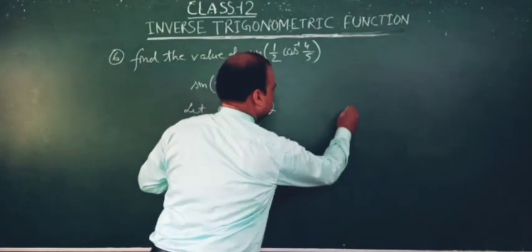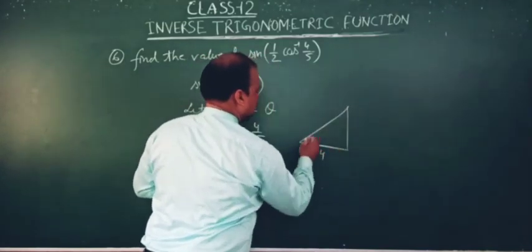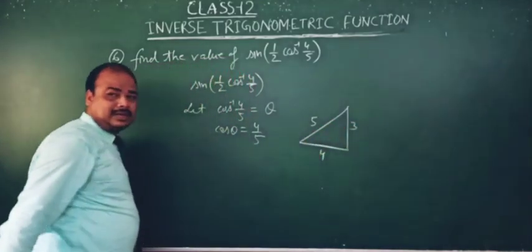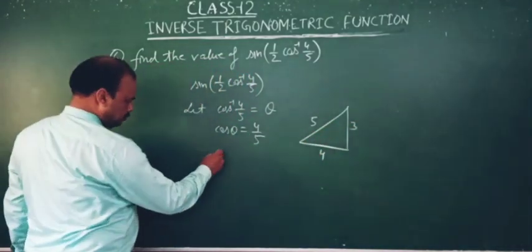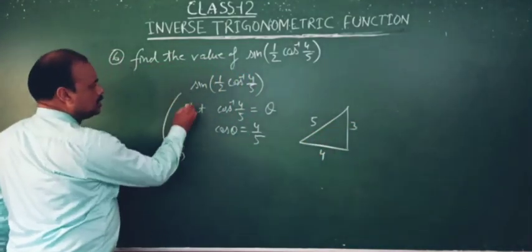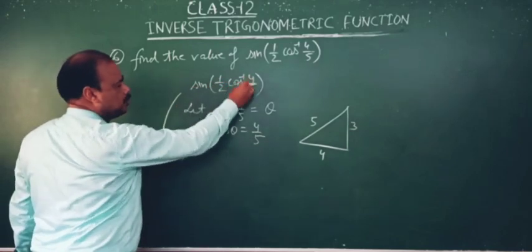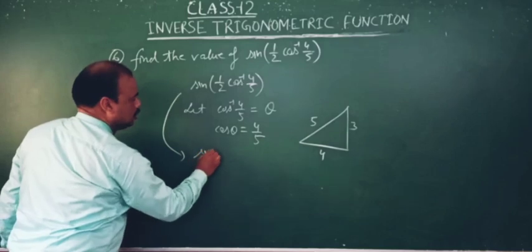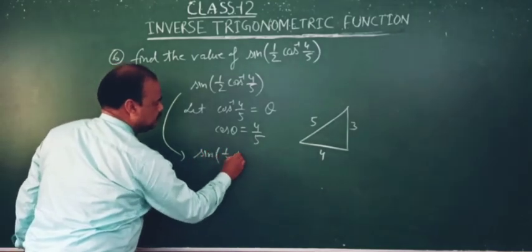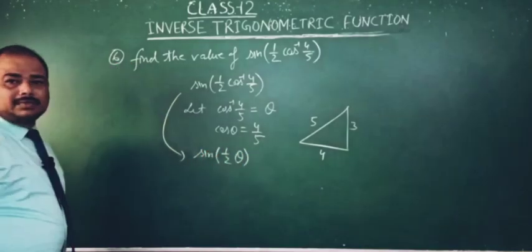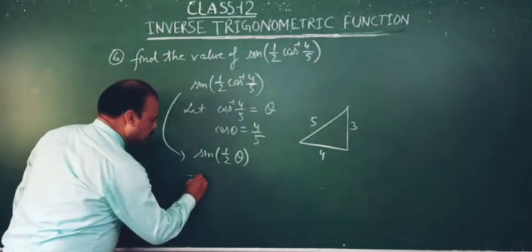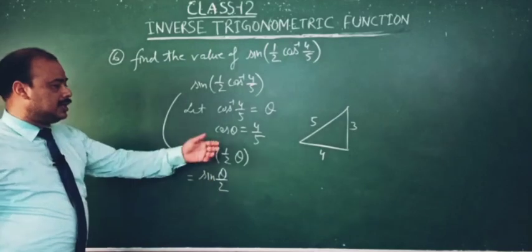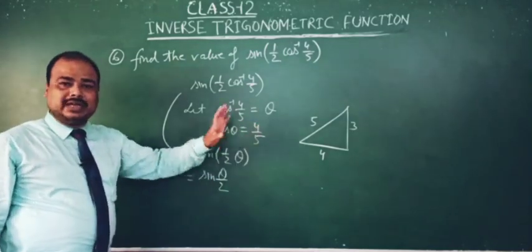It means 4 is the base, 5 is the hypotenuse, and perpendicular will be 3 by using Pythagoras theorem. And this sine half cos inverse 4 by 5 converts into sine half theta. It means we have to find the value of sine theta by 2 by using cos theta equal to 4 by 5.